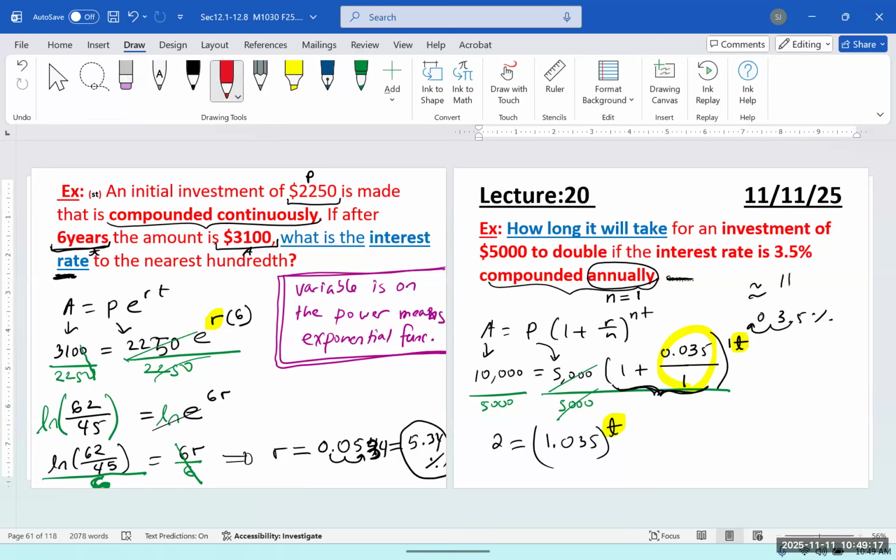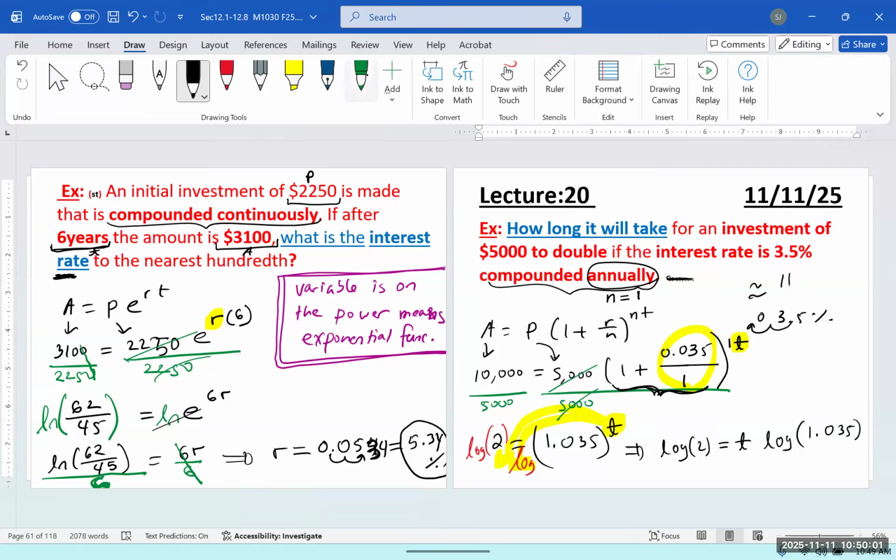Either you can use log or you can use ln. What log does is it takes the power down as a coefficient. So from here, you get log of 2 equals t times log of 1.035. So there is no more power. The power becomes a coefficient, and that is what we wanted to solve for t.